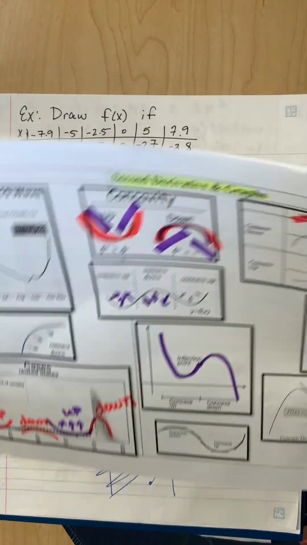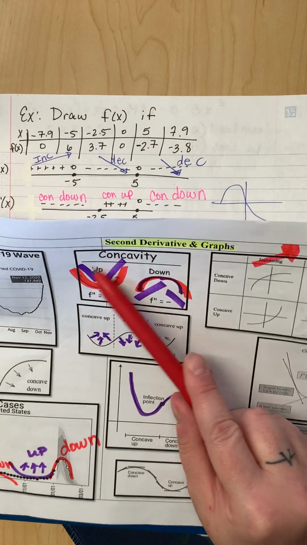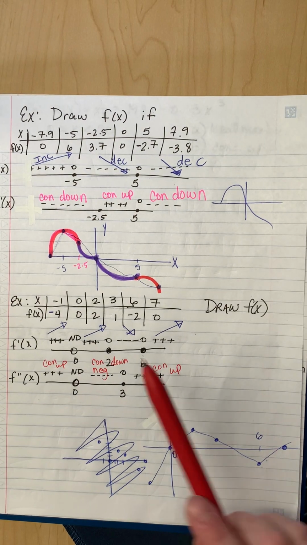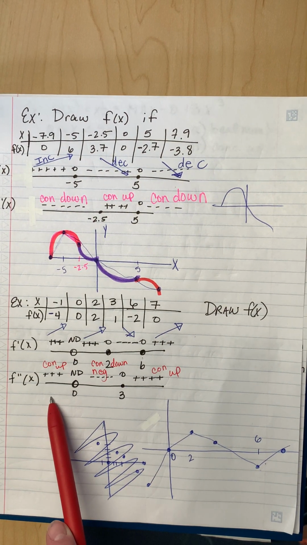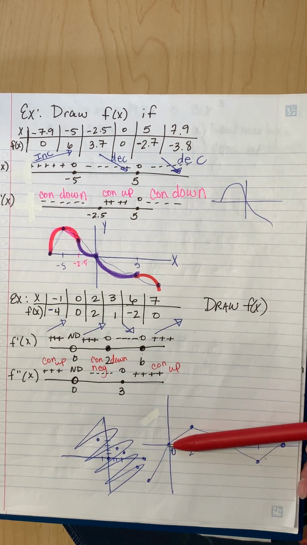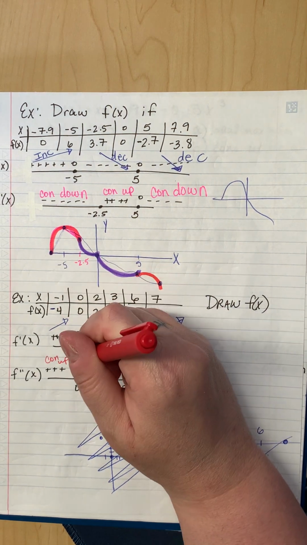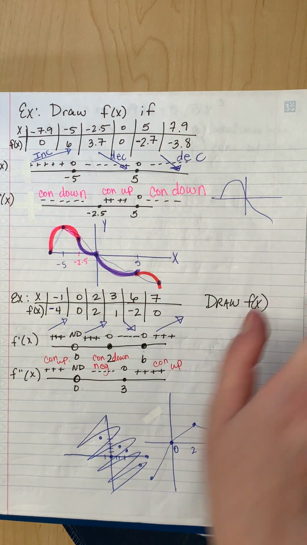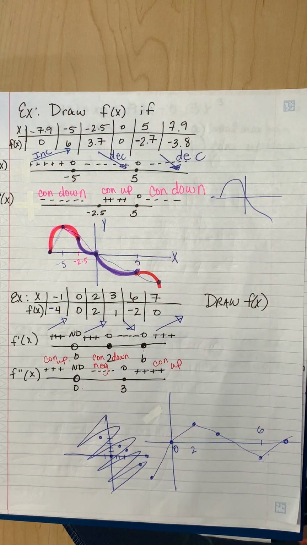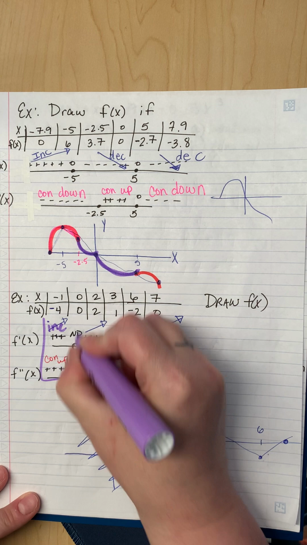Concave up looks like an up parabola. But where we're concave up all the way to 0, this doesn't look like a whole parabola. It just looks like a piece of it. So for this first portion up to 0, we are increasing from the first derivative, and we're concave up.